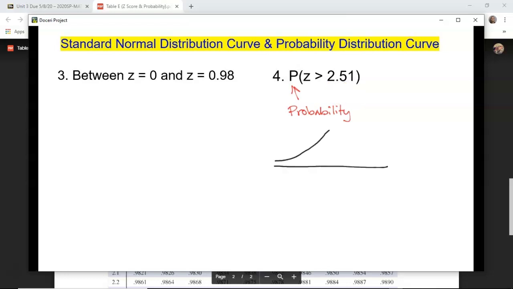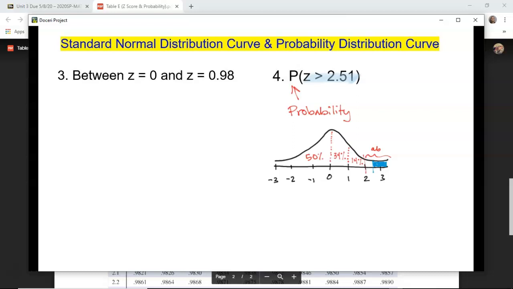So in that case, well, I'd still draw my distribution, standard normal, mark off the z-scores, figure out where about 2.51 might be located. It's between 2 and 3. It's halfway between 2 and 3, and I want greater than, so I want this little area here. And if I estimate that, well, I know that anything below 0 is 50%, anything between 0 and 1 is 34%, and anything between 1 and 2 is 14%.